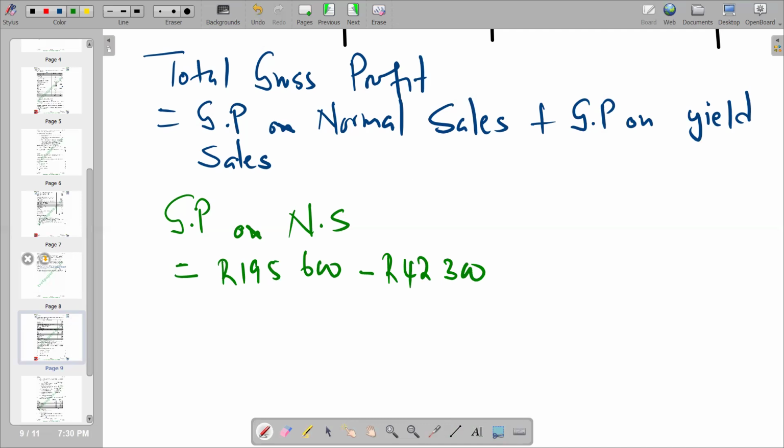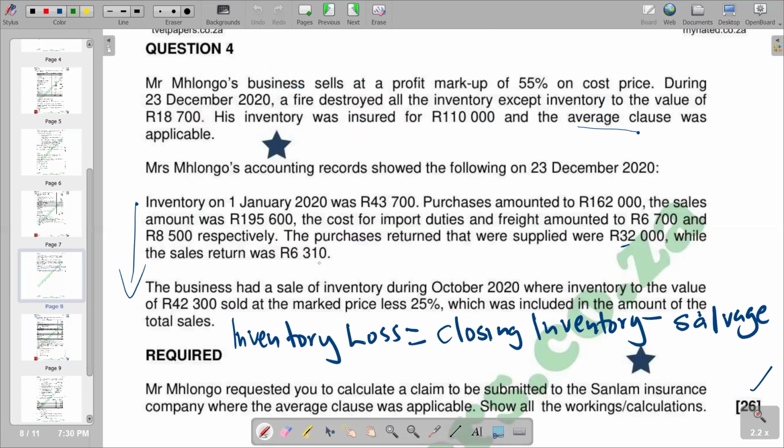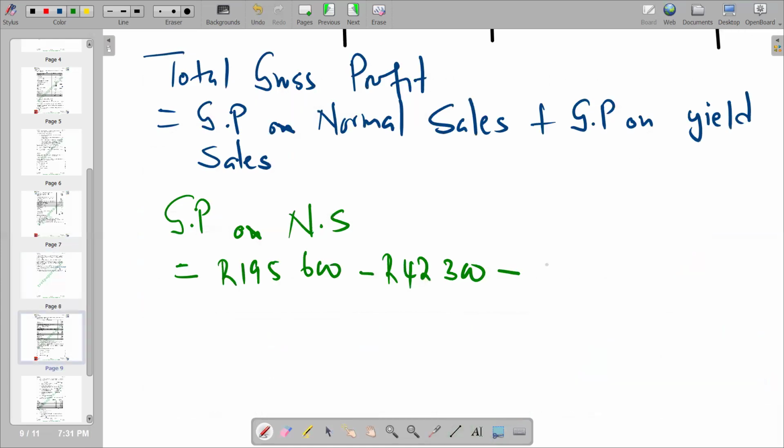So if you check again, remember we've got sales returns in terms of 6,310. So we also subtract our sales returns, which is 6,310. So we calculate it like that. You see that the figure that we are going to get, we can just try to see what figure we are getting.